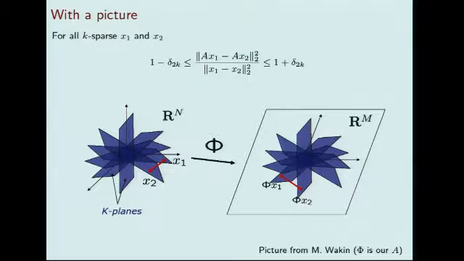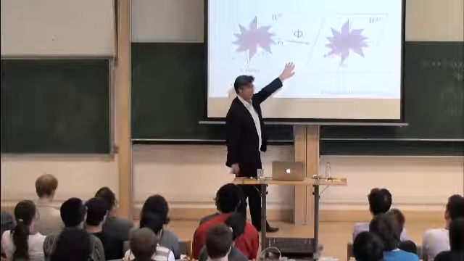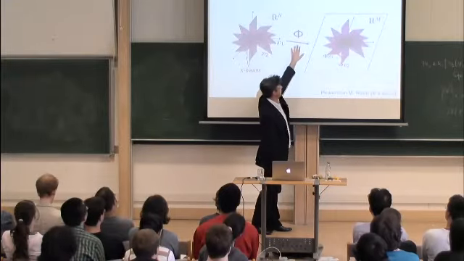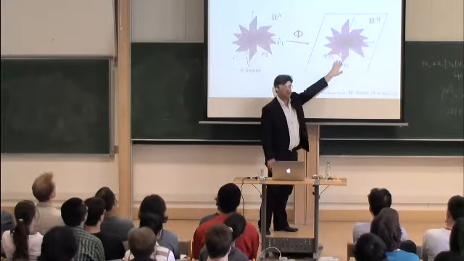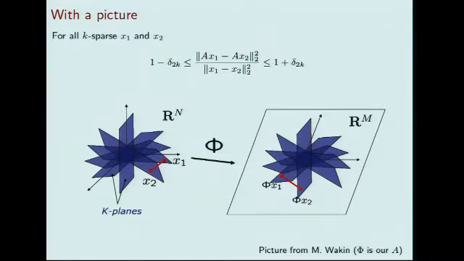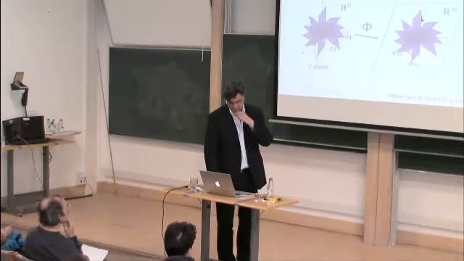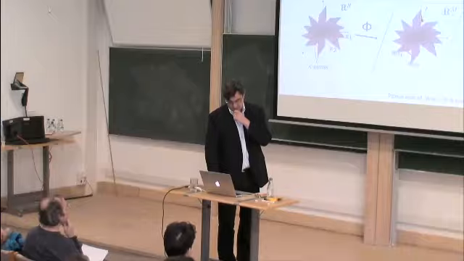And if I have sparse vectors, which, of course, live on coordinate planes, then this mapping, which Mike calls phi, and the other Mike called phi yesterday, which is A for us, is actually preserving the distances. If you're not too close, after projection, you maintain the distance, so that you're still distinguishable.